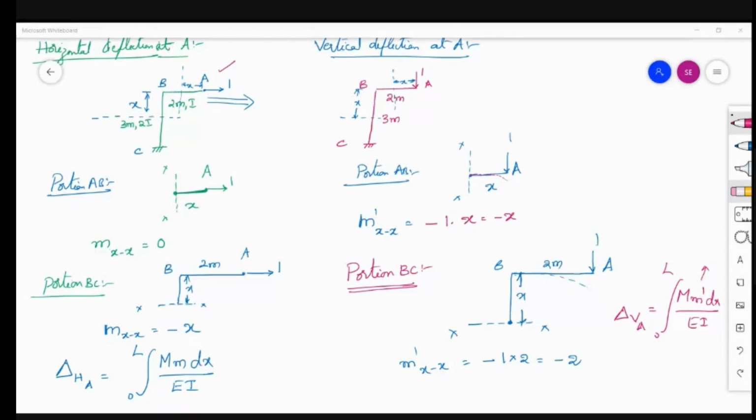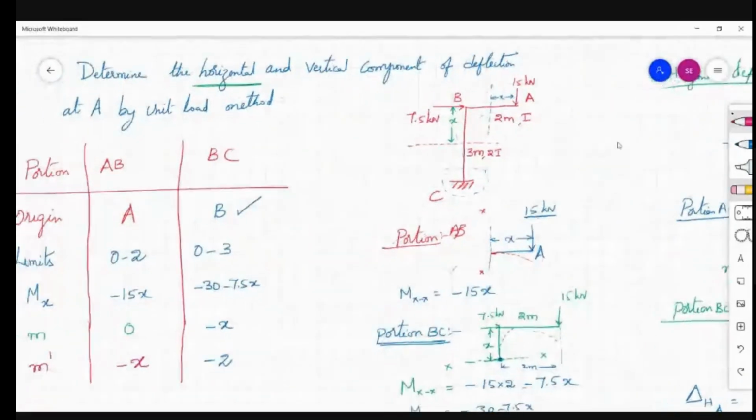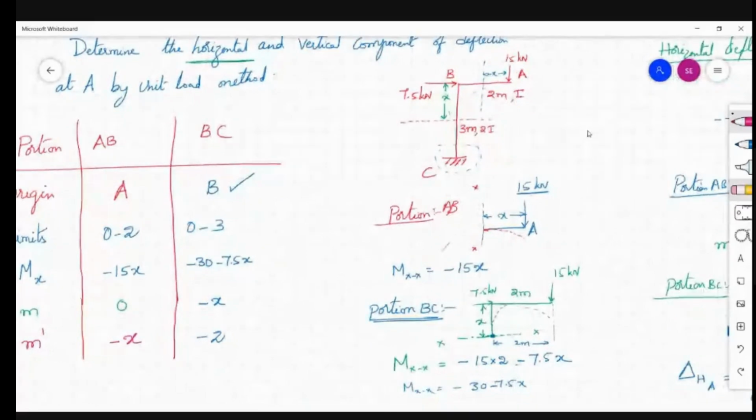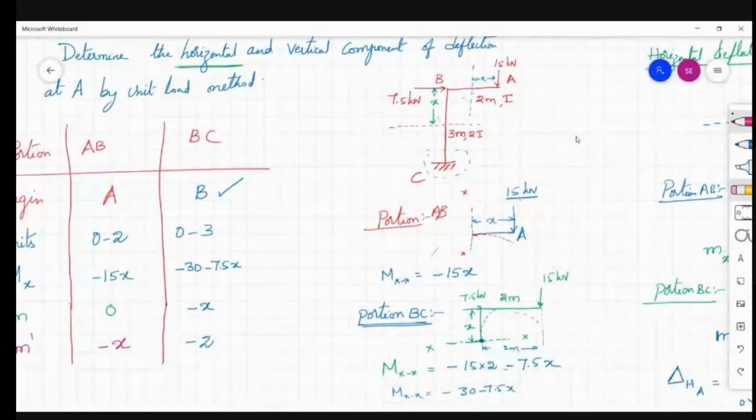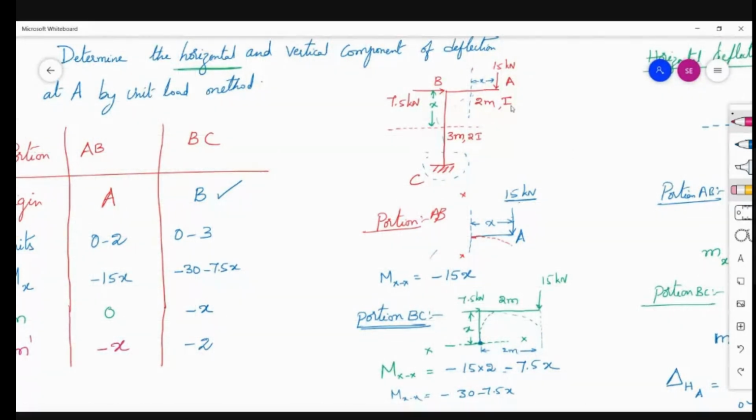Okay, here, let me explain once again for the entire problem. It is asked to calculate the horizontal and vertical components of deflection at A by the unit load method. As the free end is at A, take the sections, portion AB separately and portion BC separately. At portion AB, a 15 kN vertical load is acting.